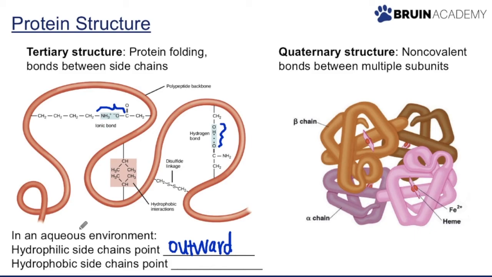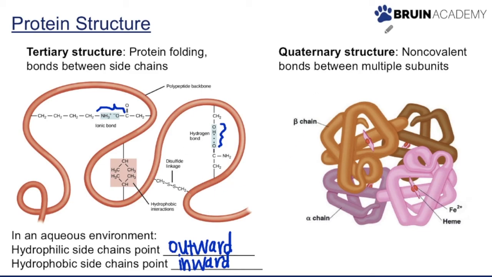Hydrophilic side chains will be more likely to interact with this aqueous environment since they can be soluble in a watery environment; like dissolves like. So these hydrophilic side chains will point outward, versus hydrophobic side chains, which will point inward to stay away from this aqueous environment. They're afraid of the water, so they don't want to interact with it. They'll orient themselves to the inward portion of the molecule.